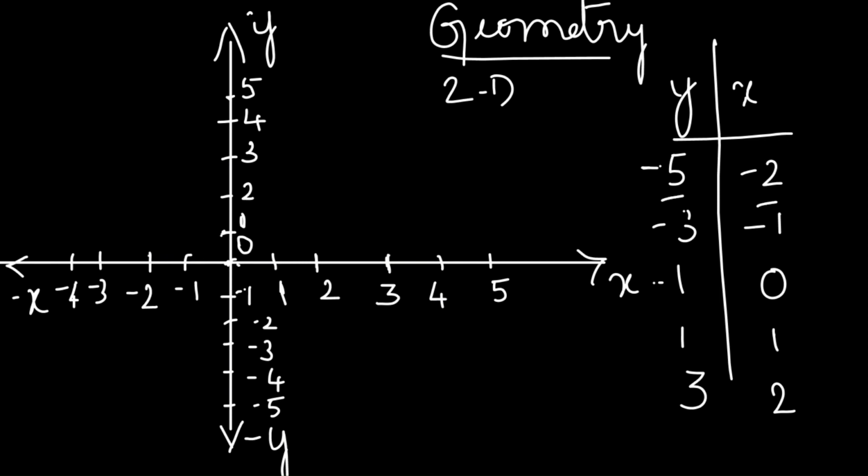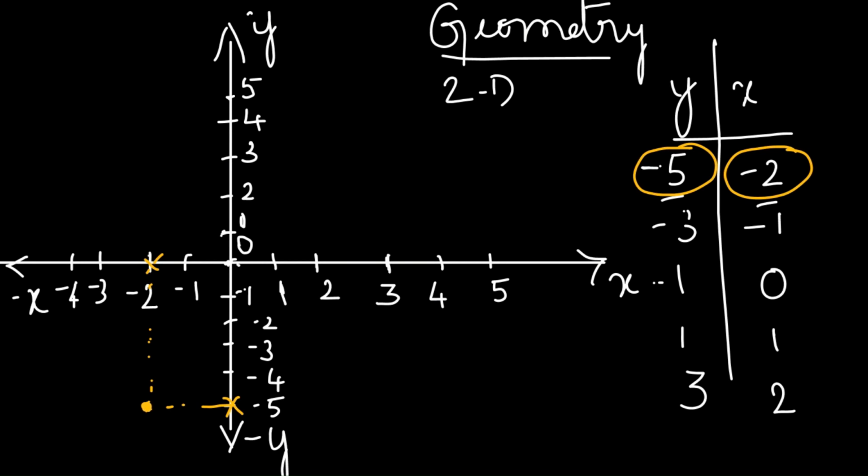What I'm going to show is how this plotting can be visualized in geometry. So let's start. I'm going to select the color yellow for the first point. Here, for x equal to -2, you get y equal to -5. So this is x equal to -2, and this is y equal to -5, and where they meet is this point.